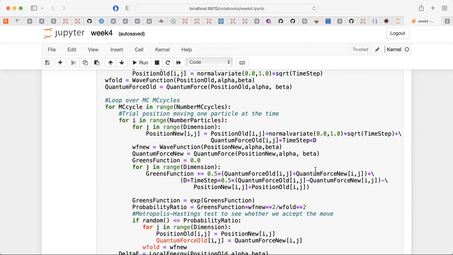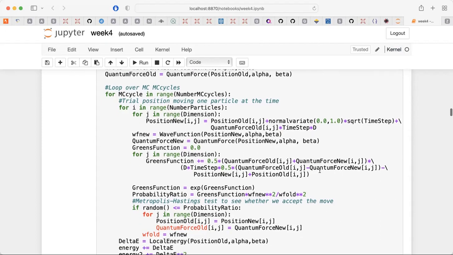And I'm setting up the quantum force in the new position and the quantum force in the old positions. So this is just the ratios which I'm setting up here. And then when I've done the arguments to the ratio, then I calculate the exponential. So I wouldn't calculate the exponential of the numerator and the exponential of the denominator, but I actually set up the argument and then do the exponential.